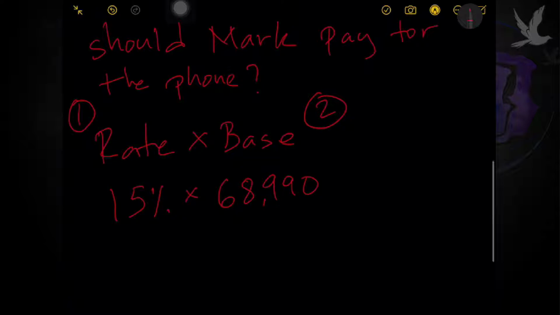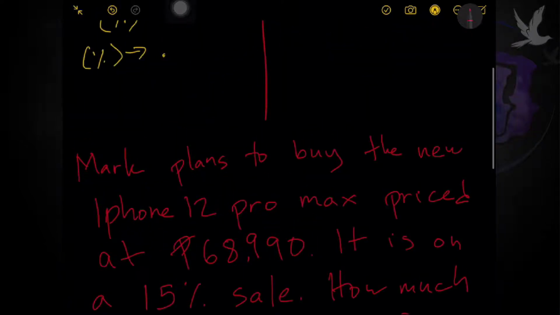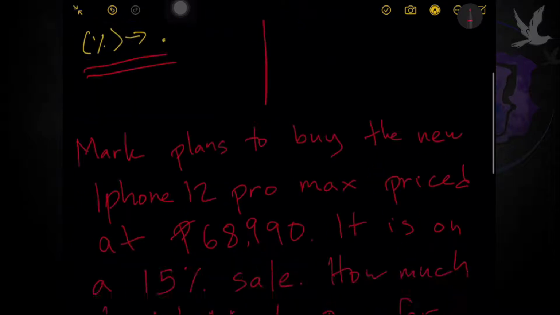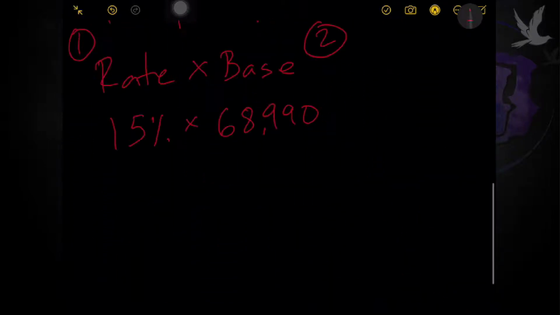But then again, we have to consider that we have to change the percent to decimal. Okay, importante that we need to change the percent to decimal. Which means itong 15% na to should be changed to a decimal. Paano natin i-change ang 15% to decimal?